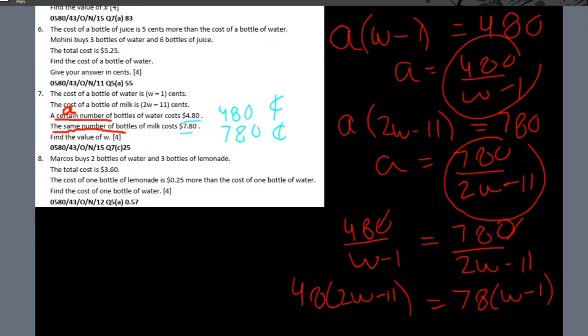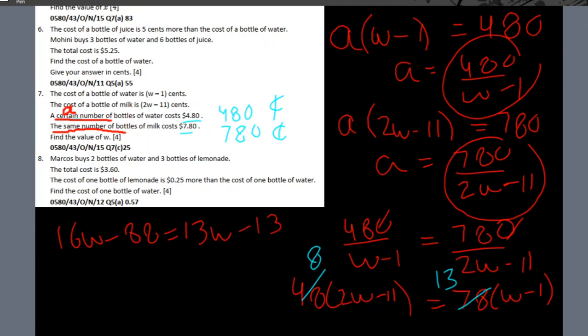I believe 78 and 48 can be further simplified. Let me check. Yes, 13 and 8. I just use my calculator for that. So 13 and 8, they're being divided by 6. So in the end, I get 16W minus 88 equals 13W minus 13.